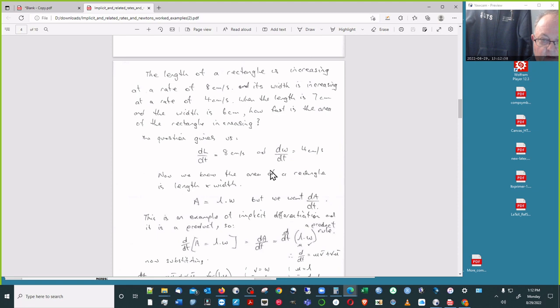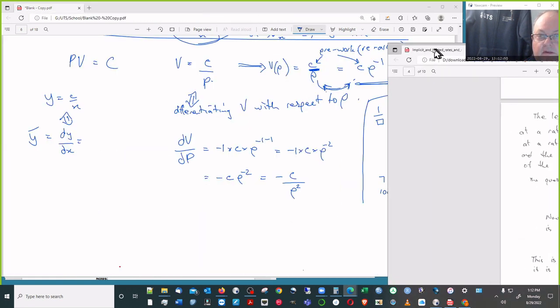Okay, so this was a good one because it's a variation of the problem of the changing square, because you had a changing square that was quite simple. So I might just bring this out.